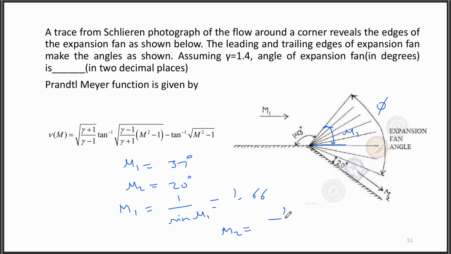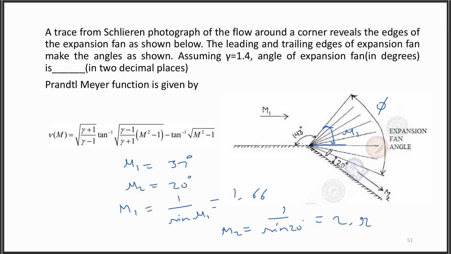M2 equals 1 upon sine 20 degrees, which will give a Mach number of 2.92. So we know M1 and M2.